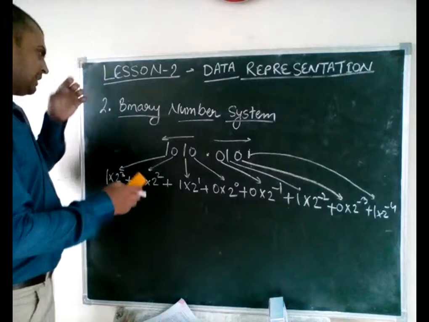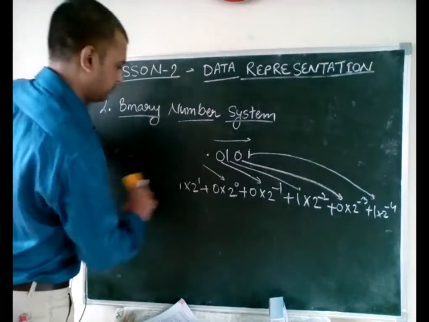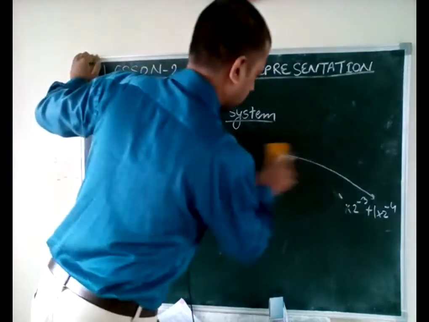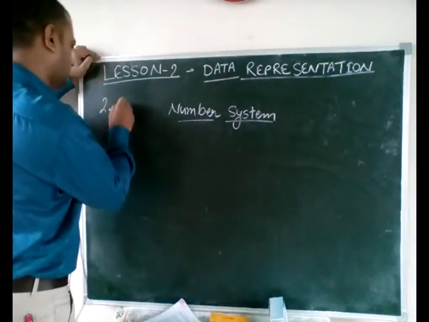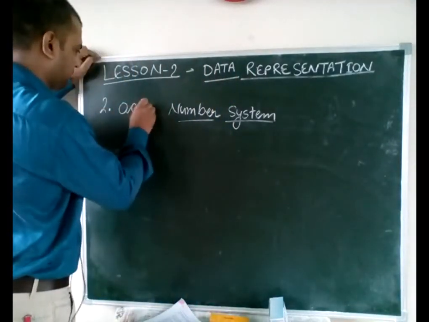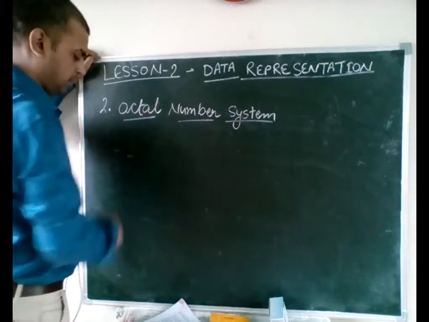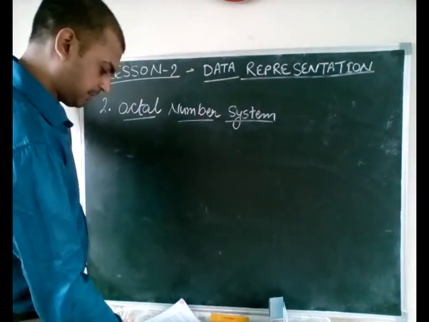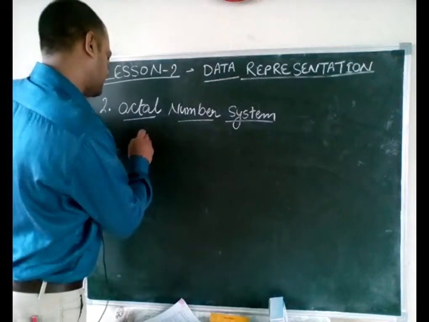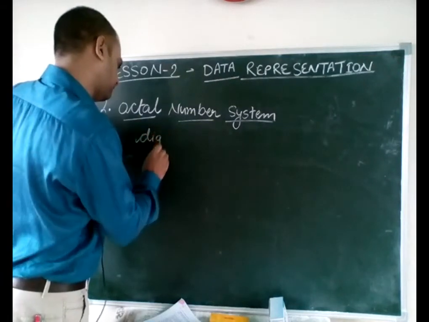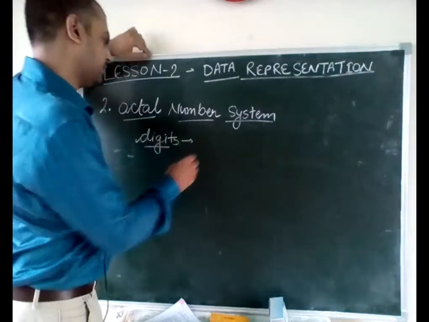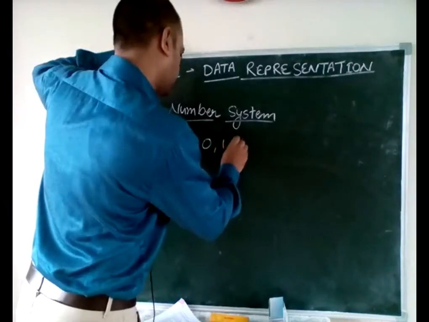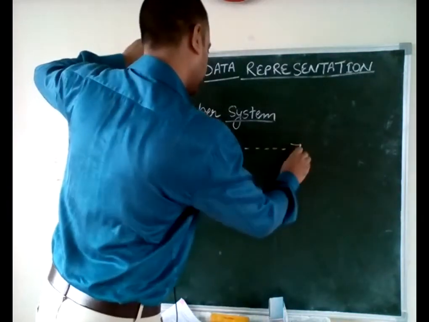Now the third is our octal number system. In octal number system, digits are 0, 1, 2, like this up to 7.